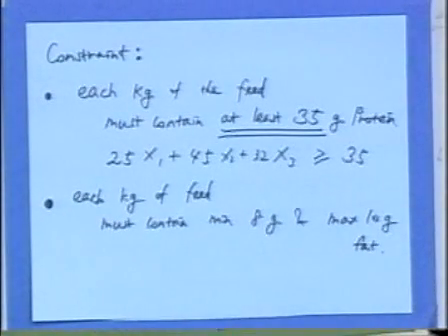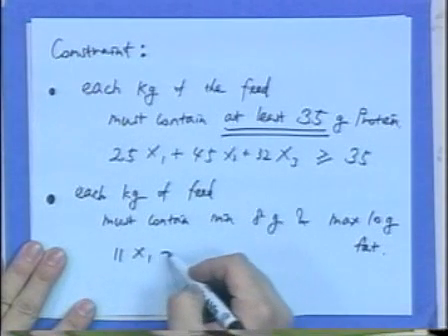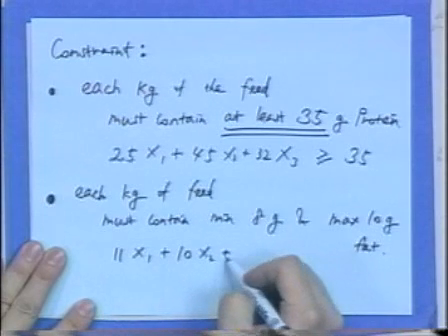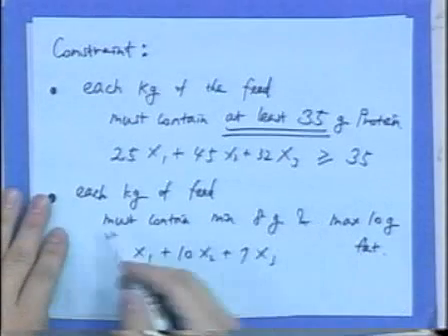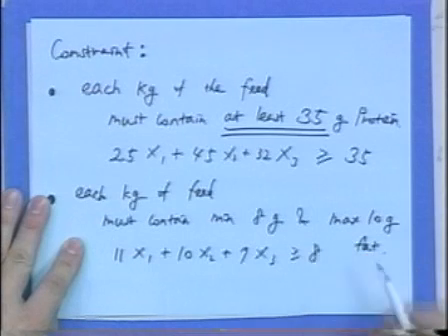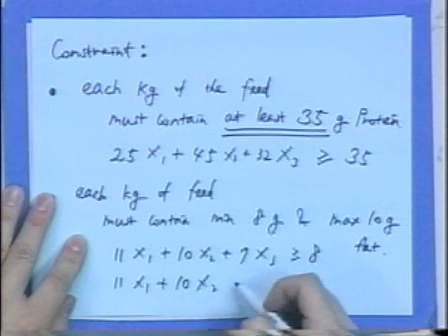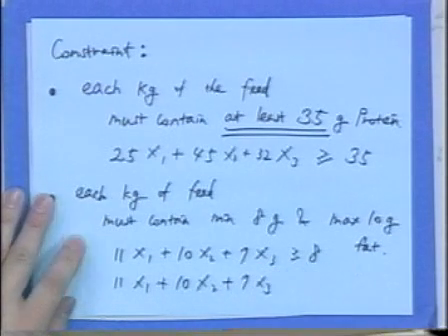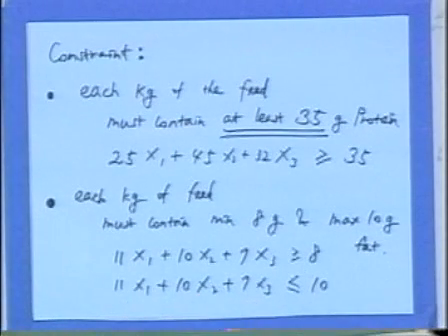So it's going to be 11 times x1 plus 10 times x2 plus 7 times x3 is greater than or equal to 8, but we need another constraint with the same left-hand side that should be less than or equal to 10. It's pretty easy.